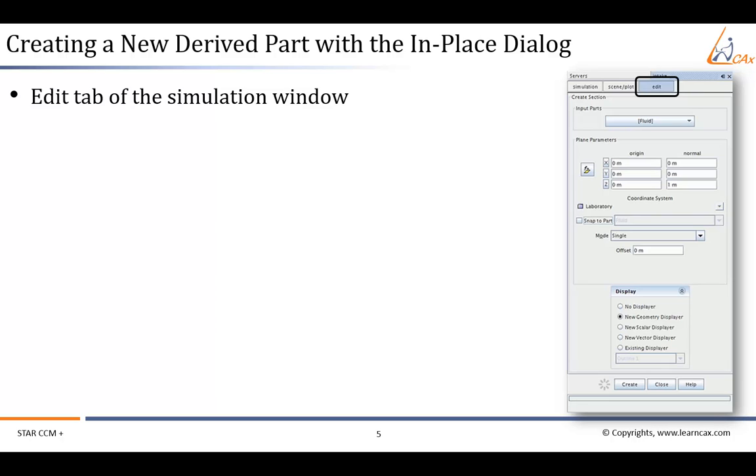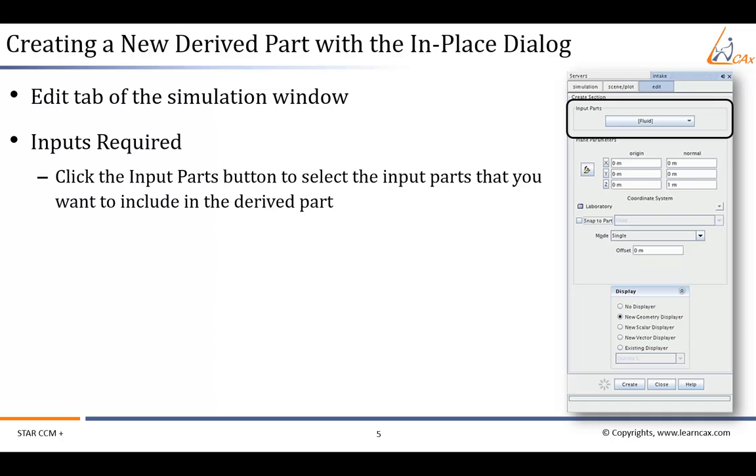There are some inputs required for the in-place dialog. 1. Click the Input Parts button to select the input parts that you want to include in the derived part. 2. The other features in the dialog you are using depend on the type of the derived part. 3.